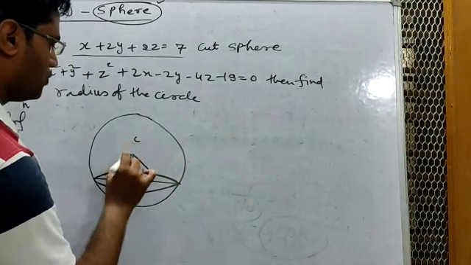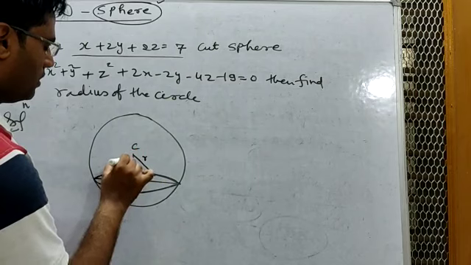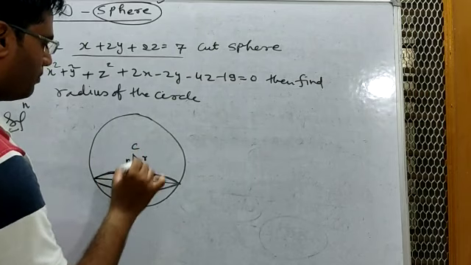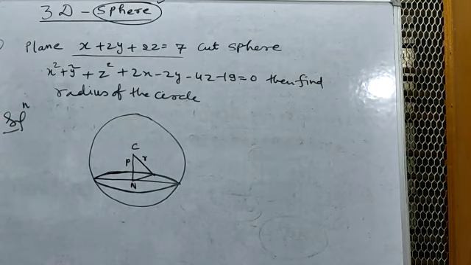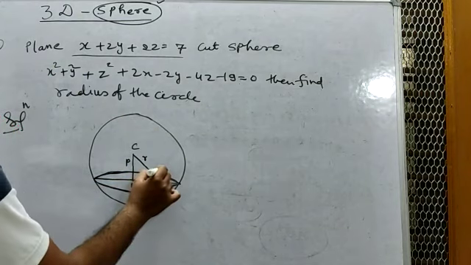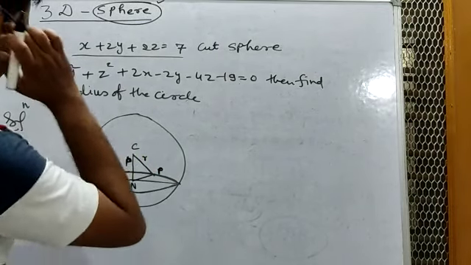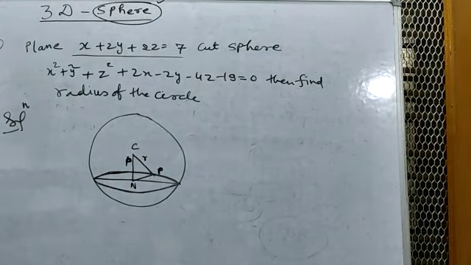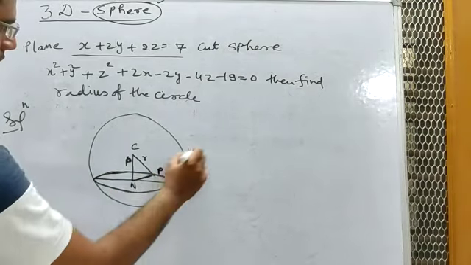That is C, and we can say that is R, that is P, the perpendicular distance, that is N, and that is the point P. So it is asking us to find the radius of the given circle. What will be the radius of the given circle?